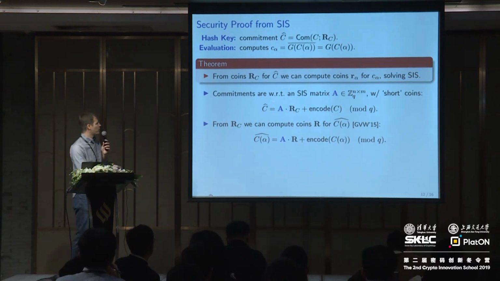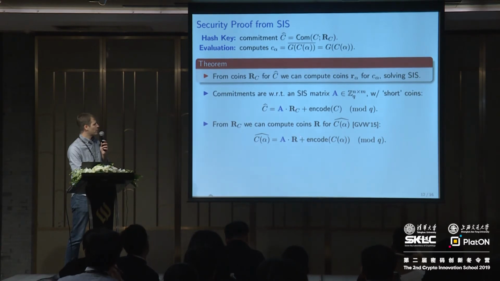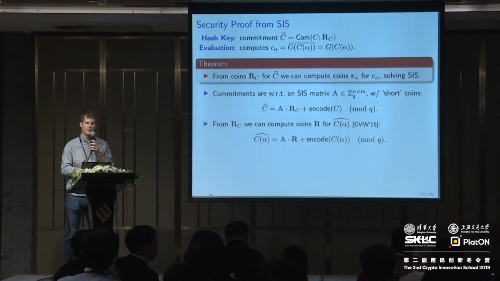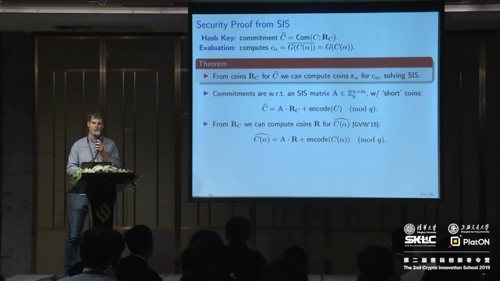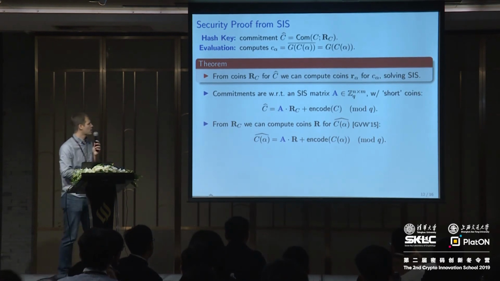So if you do this homomorphic evaluation, transforming C hat to C alpha hat, there is a corresponding transformation that applies to the coins inside the commitment to get some other coins R as well. If you know this alone, you can compute this. But if you know this and the coins, then you can compute both this and the resulting coins inside the derived commitment. So that's what we do.